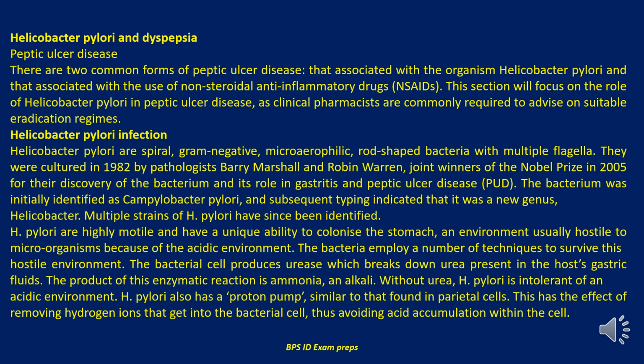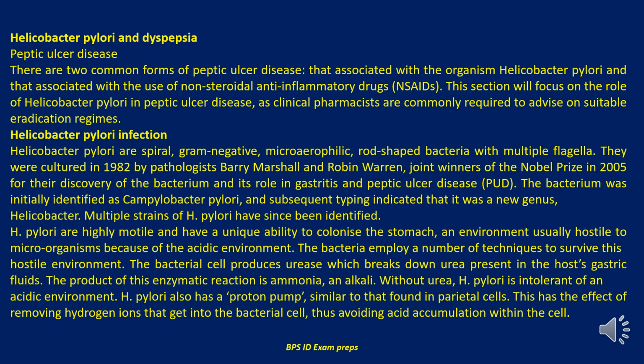The bacterium was initially identified as Campylobacter pylori, and subsequent typing indicated that it was a new genus, Helicobacter. Multiple strains of Helicobacter pylori have since been identified.